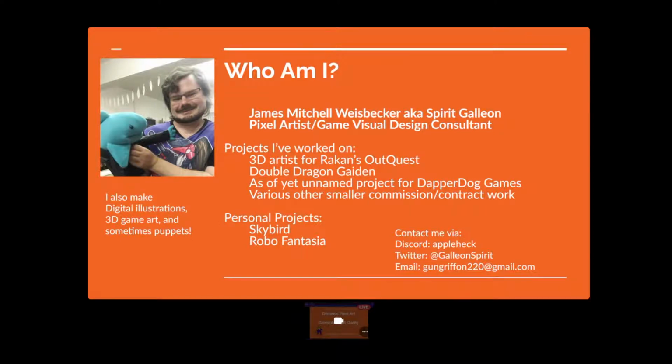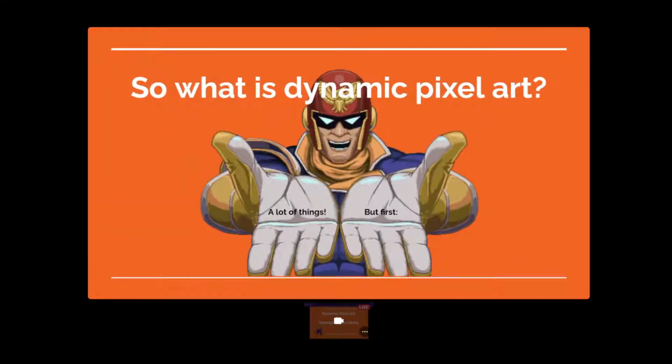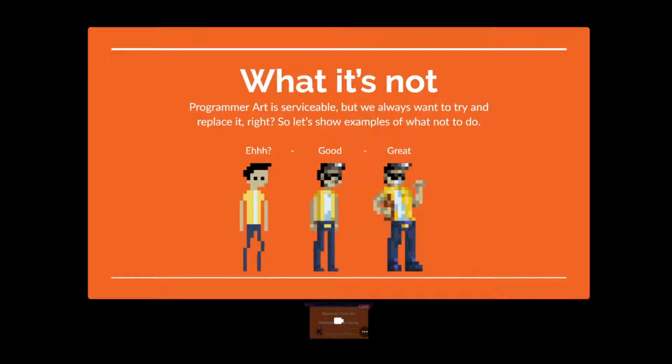Anyways, what is dynamic pixel art? Well, as Captain Falcon is telling you here, a lot of things. But first, we need to talk about the elephant in the room: what it's not, because pixel art, we all do it to some degree.